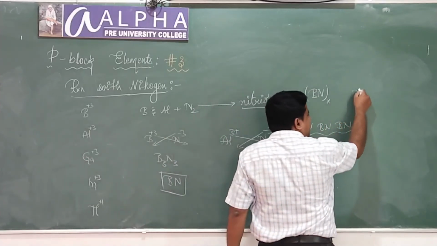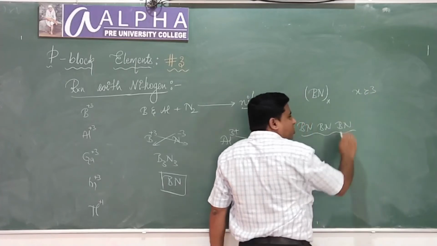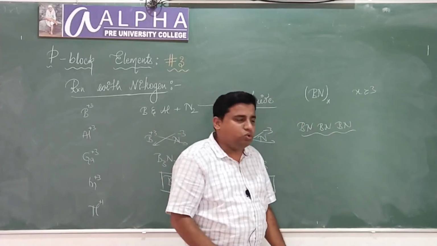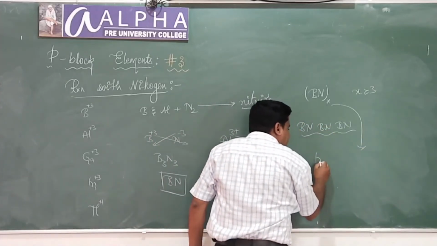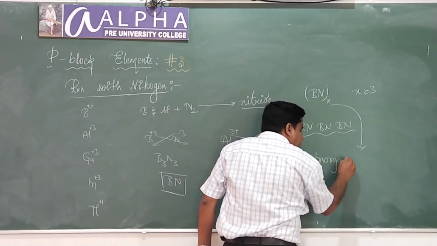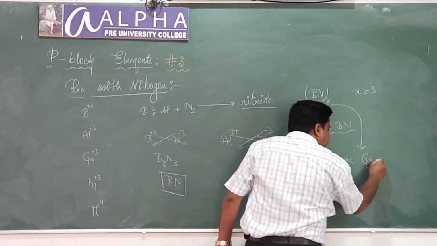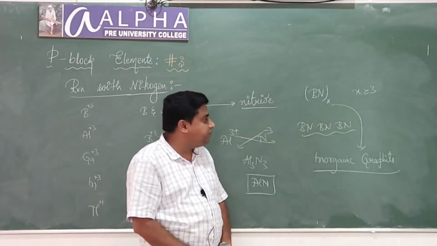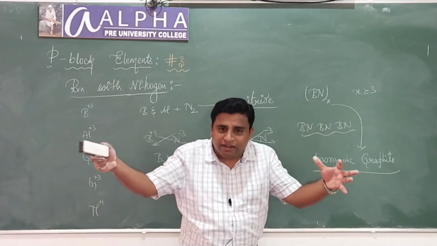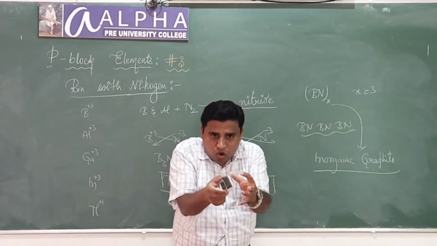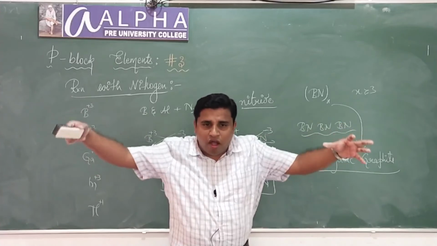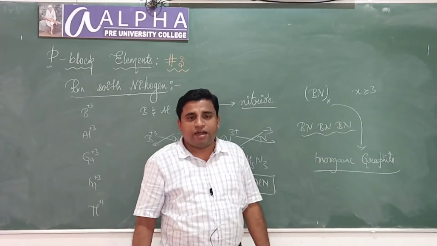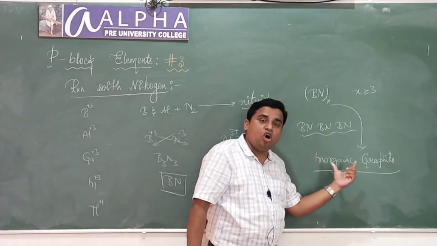And if x is greater than or equal to 3, then the association of all these boron nitride molecules is called inorganic graphite. They form a long network-like structure, which is similar to graphite. That is called inorganic graphite.